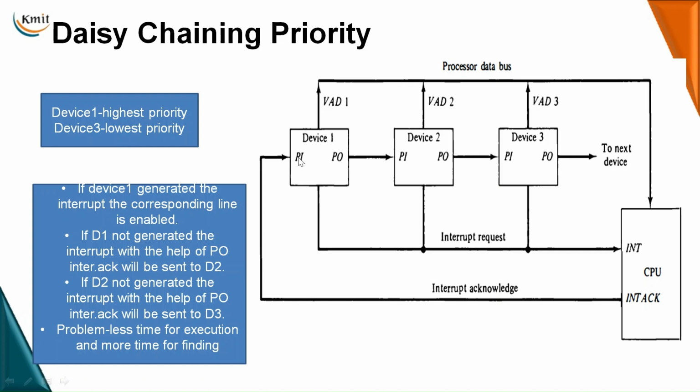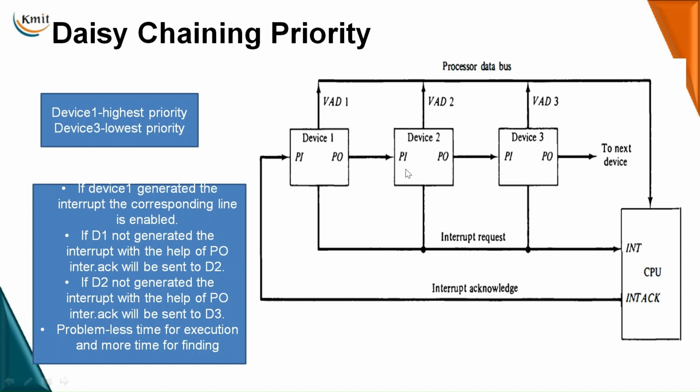Through the priority input, it receives an interrupt acknowledgement signal from the CPU, and it places its vector address onto the processor data bus, which is sent to the CPU, so that the CPU will go to that particular address and execute the interrupt service routine of that particular device.